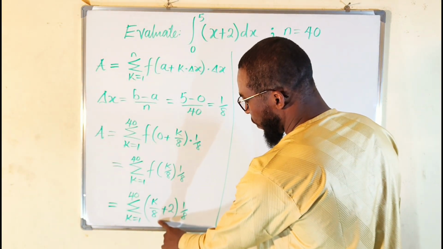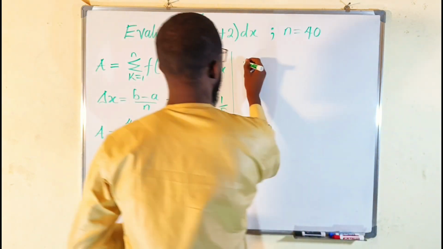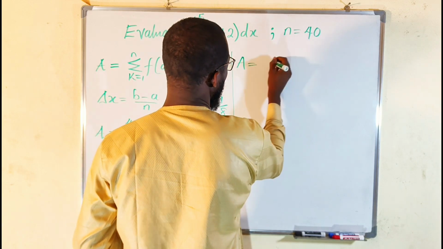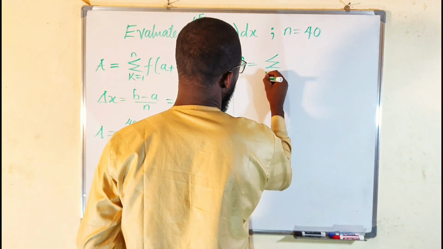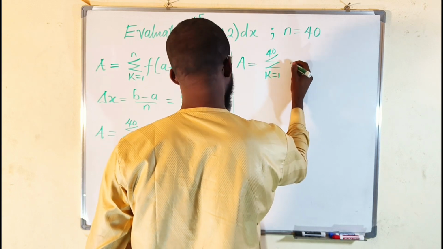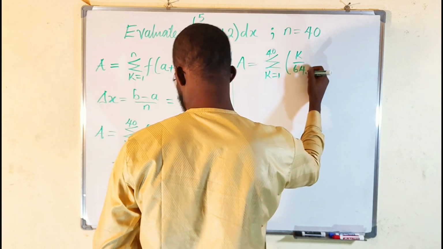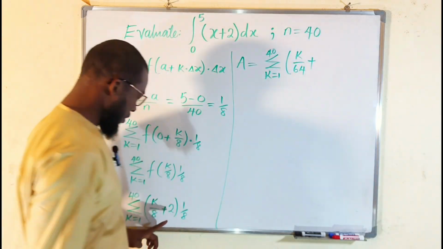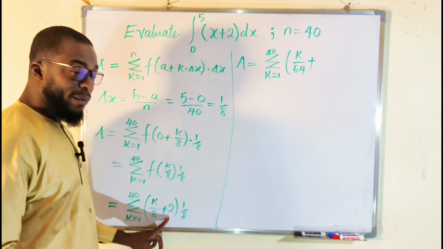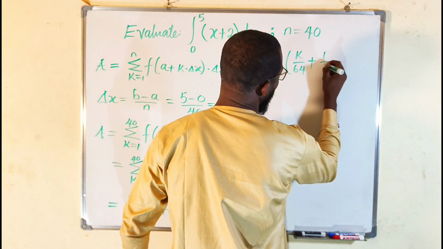We have k over 8 times 1 over 8, that will give us k over 64. So our area is equal to the summation k from 1 down to 40 of k over 64, plus 1 over 8 times 2, which is just 1 over 4.